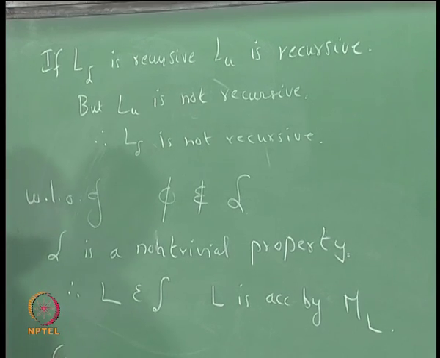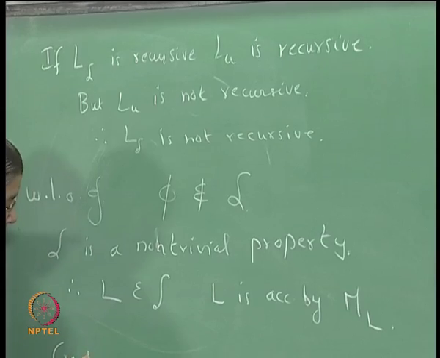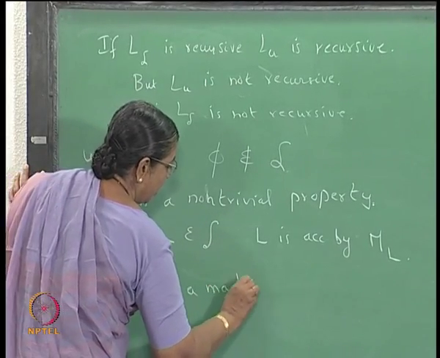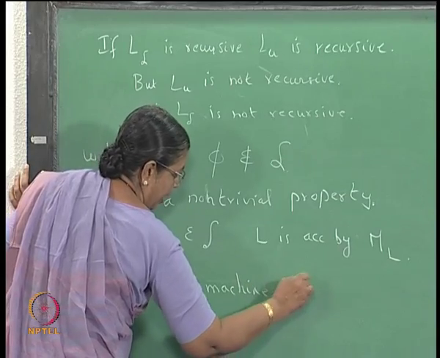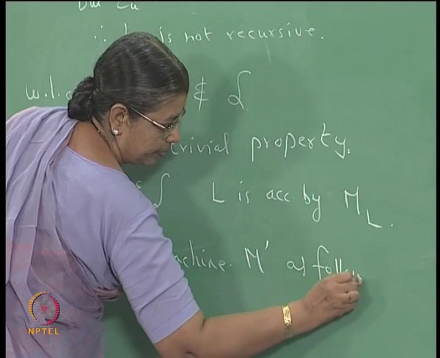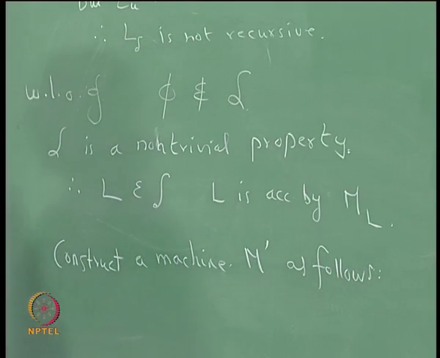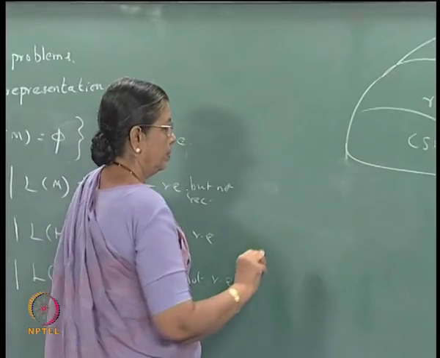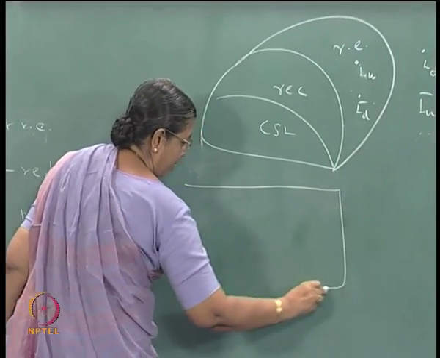Now, you construct a Turing machine M dash as follows. The structure of M dash will be like this.